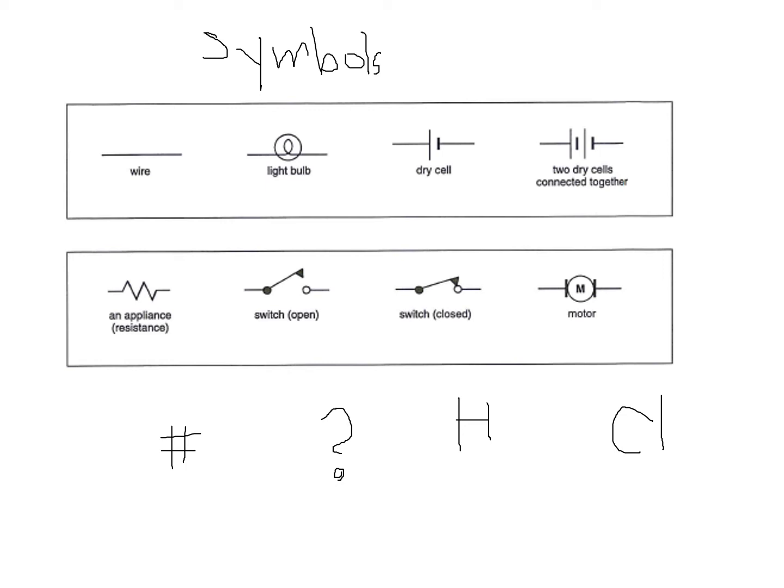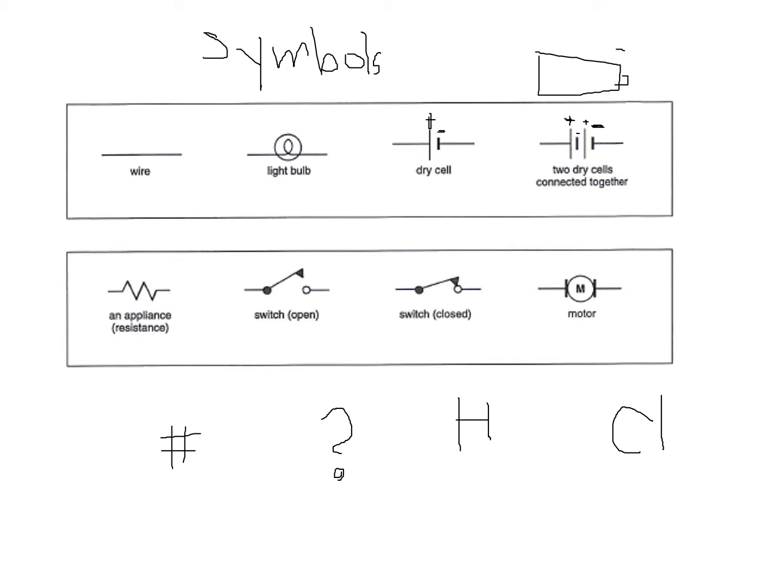So if I want to show one dry cell, this is how I show it. One little line, one big line. The little line is the negative terminal. The big line is the positive terminal. If I have two dry cells, one minus and then one plus in here, so minus plus, again minus plus. Remember the battery here, I'll draw another one.